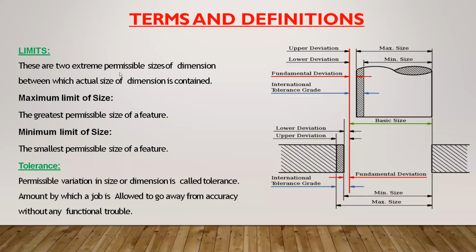The first one is limits. There are generally two extreme permissible sizes of a dimension between which the actual size of the dimension is contained.